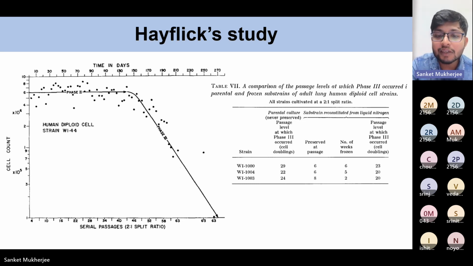Some of the cells have never been preserved, some have been preserved. What we essentially observe is that no matter whether you preserve these cells or not, the number of cell doublings they can undergo is constant. Is that clear?